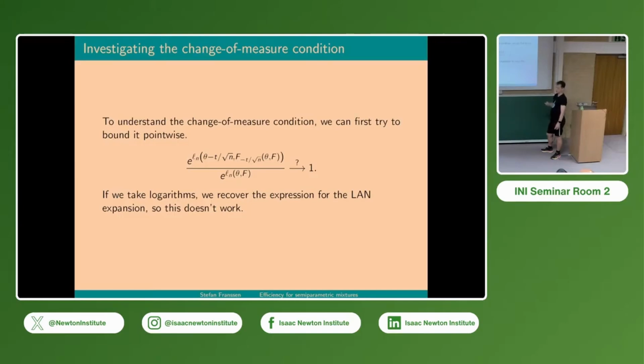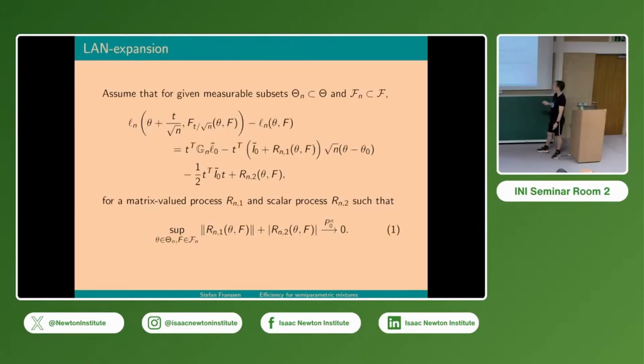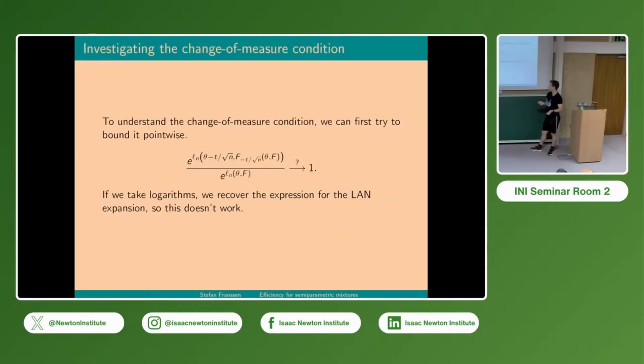If we take logarithms, however, what do we get? We get exactly the expression for the LAN expansion. But that converges to some constant that is not 0. So we cannot hope to do this pointwise.